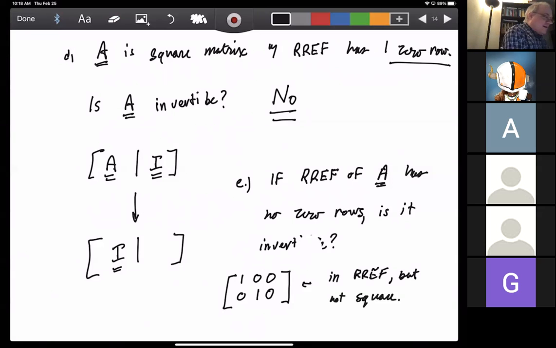So in fact, you can give sort of a conditional answer here. If your matrix A is square and it has no 0 rows, then in fact it is invertible. But in general, you can't say just because there are no 0 rows, it has to be invertible. All right, so you have to think about the geometry of what's going on a little bit.